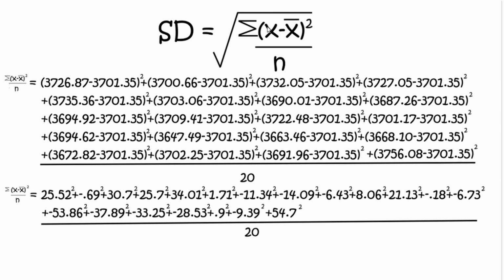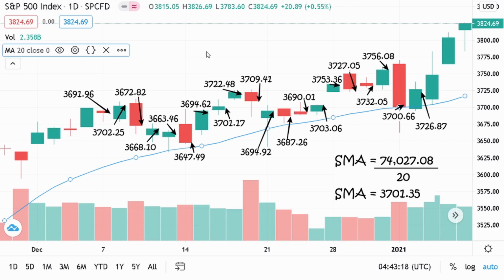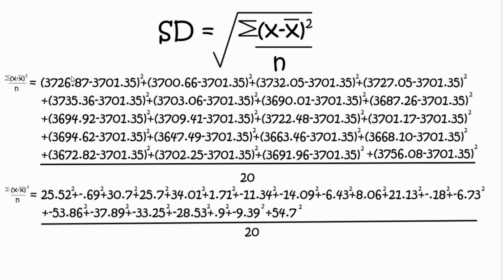So to get the variance, we're going to take the mean, and for example in January the 5th, the mean is going to be the simple moving average, which is $3,701.35. We're going to subtract the mean from all of the closing prices from January the 5th and its previous 19 trading days, which, if you remember, are these values right here. So we're going to plug those values in here and subtract the mean, and these are the differences you get here.